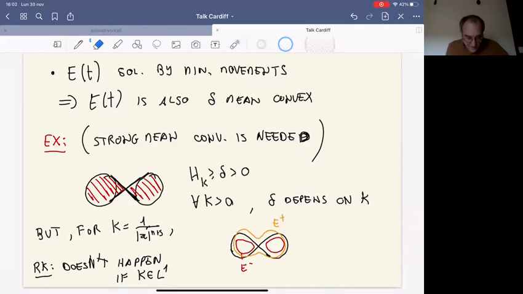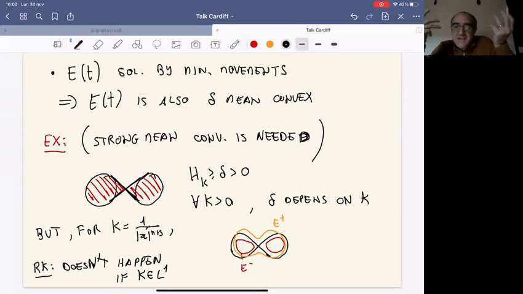Because essentially, if the kernel is in L1, it's not important that the set is smooth, because the kernel is good enough that every set is fine. For that kernel, every set is smooth in some sense. So as soon as I have positive mean curvature, if I move it a little bit outside, the mean curvature is continuous and stays positive. So in this example, you don't have E plus. If the kernel is in L1, you just pick up only the red thing inside. You don't pick up the orange thing outside.